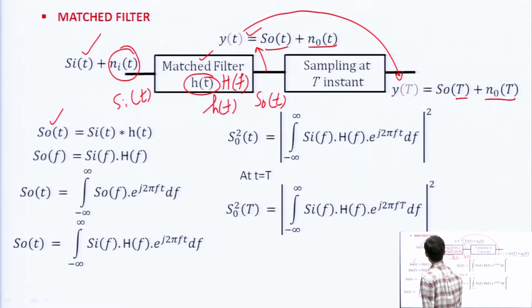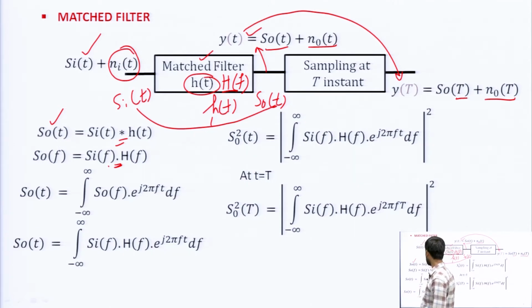So, what is the relation between these three? S naught of t is nothing but Si of t convolved with h of t, because it is in the time domain. In the frequency domain, it is just a normal multiplication of the input signal by the transfer function. How could I find S naught of t from the frequency domain?